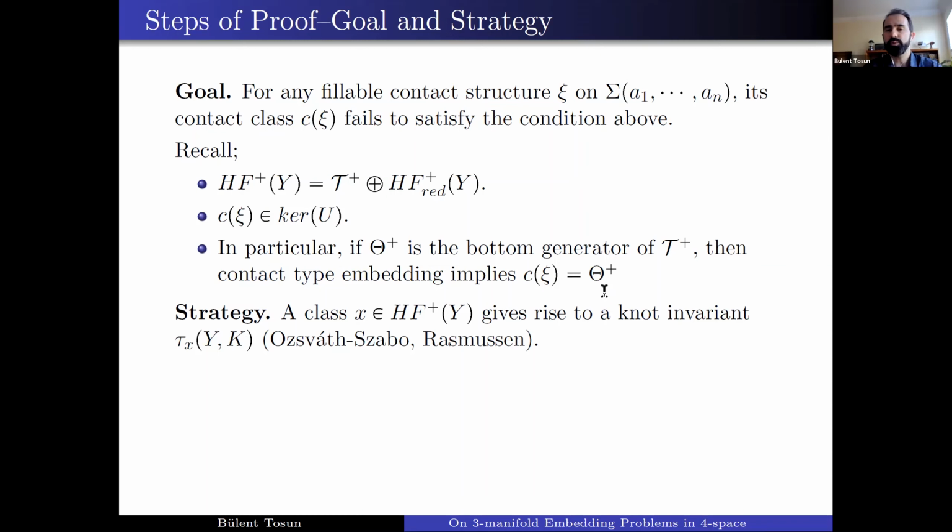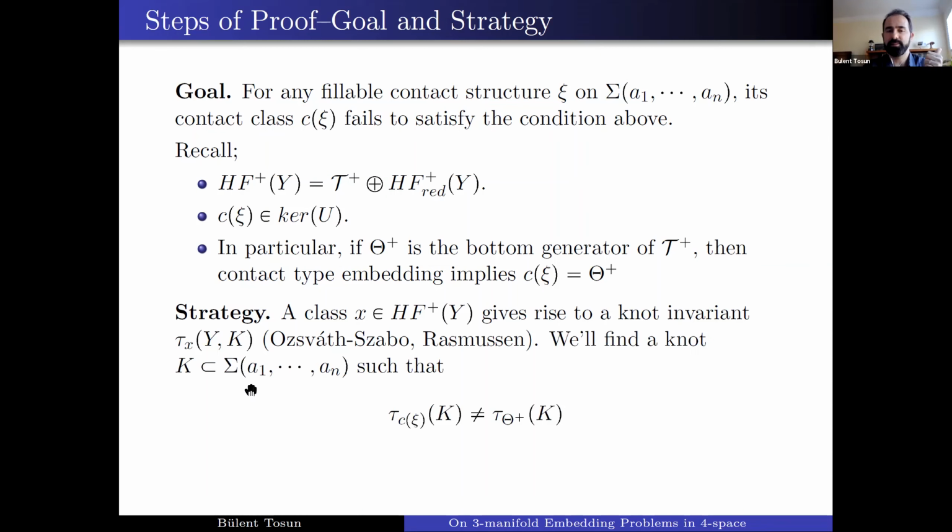We will find a knot in this Brieskorn homology sphere for which the tau invariants coming from the class c psi and the class theta plus are different. That will tell us that they should be different, in particular no contact type embedding. This is the strategy: finding a knot with these properties.